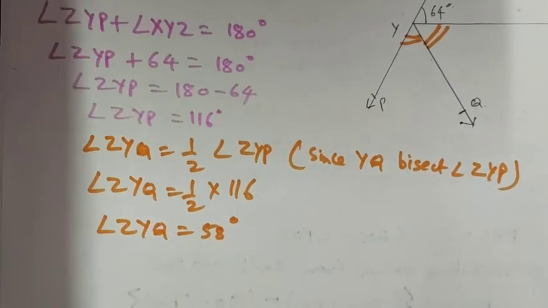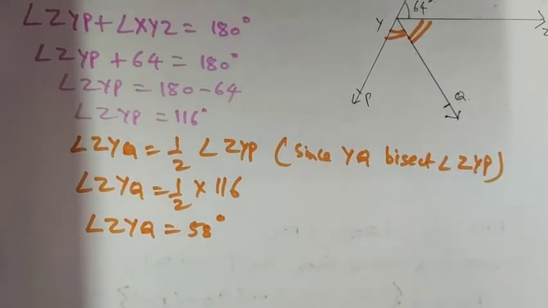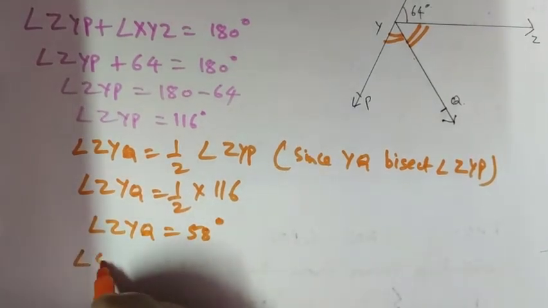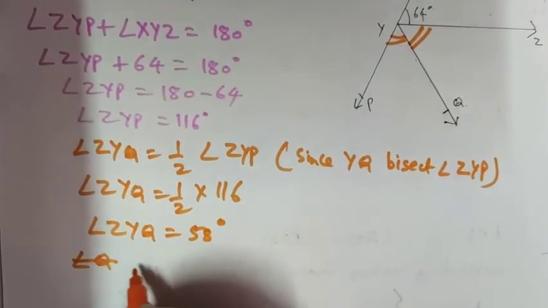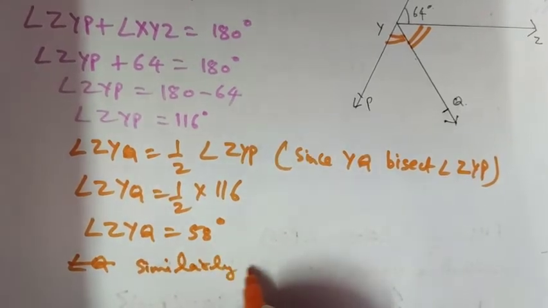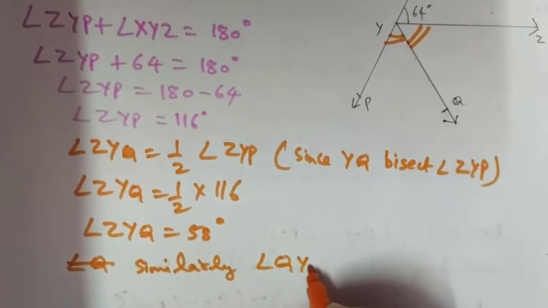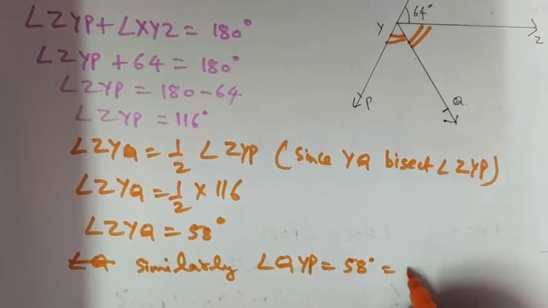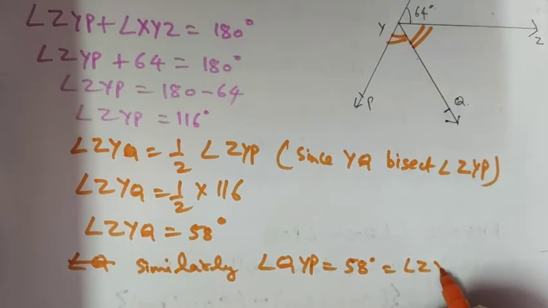Now the reflex of QYP we have to calculate. We know that angle QYP will also be equal to 58 degrees because it will be equal to angle ZYQ.